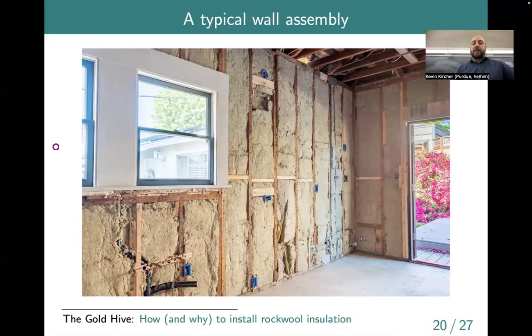Okay, so here is what a typical wall assembly kind of looks like. If you ripped off, from your apartment, the drywall and plaster and stuff that's on the interior surface, you might see something that looked kind of like this. So these vertical things here are studs. They're typically 2x4s or 2x6s. So that either 4 or 6 dimension is basically how deep they are, what the dimension here between the indoors and the outdoors is.